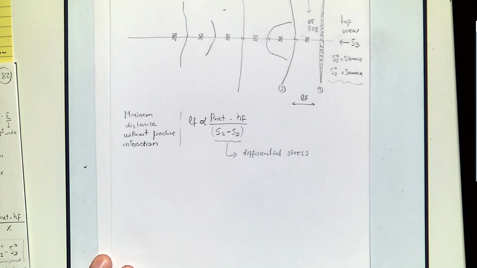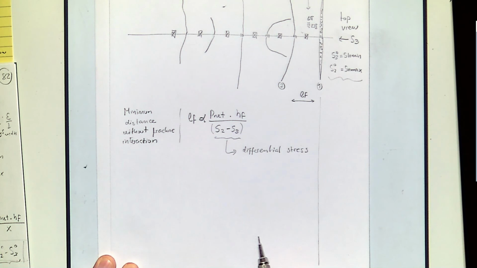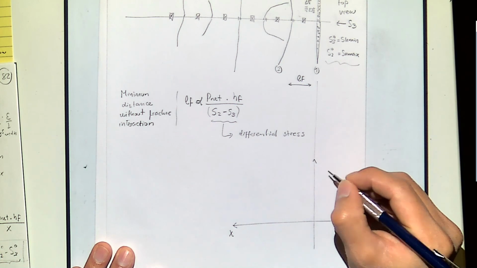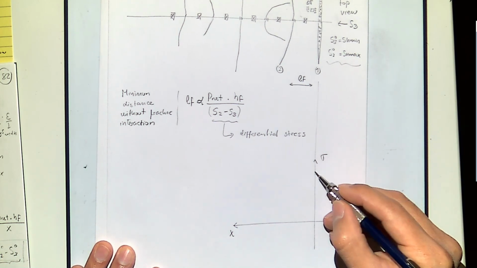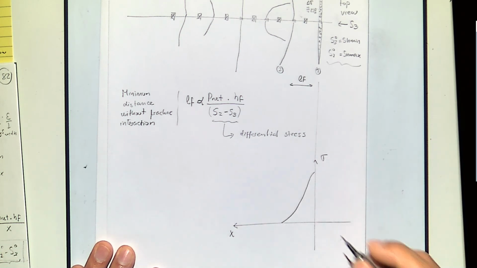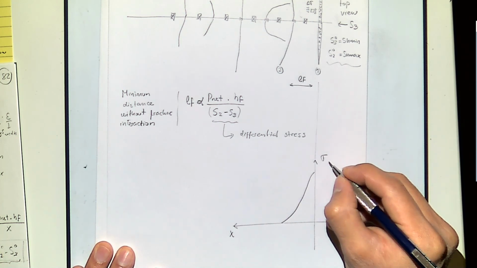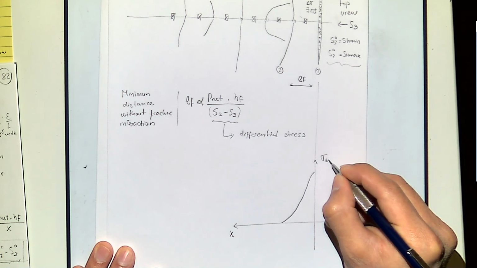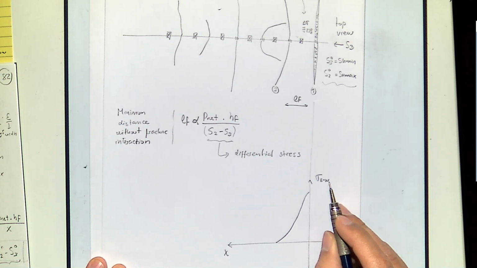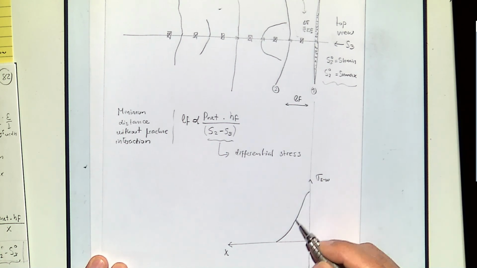So let me complete this with something else. I forgot to do this at the beginning, but let me do it right now. If this is distance over here, and here we have stress, next to a fracture, the variation of stress in the east-west direction, to respect the coordinate system we put over there, is going to decrease more or less with this shape.